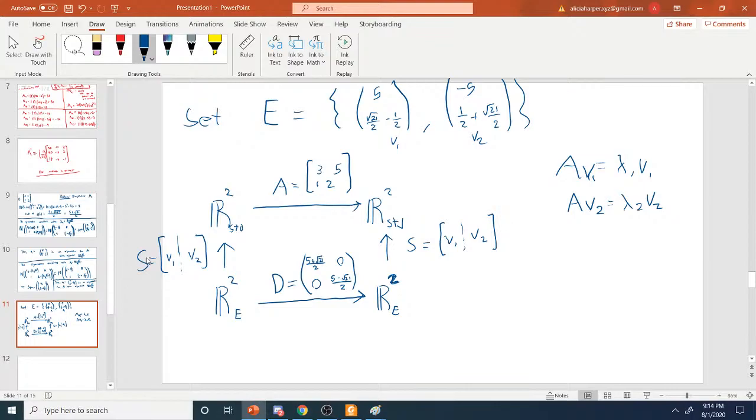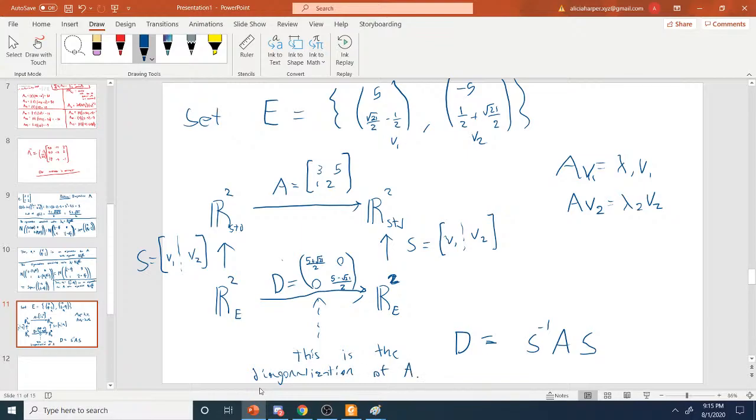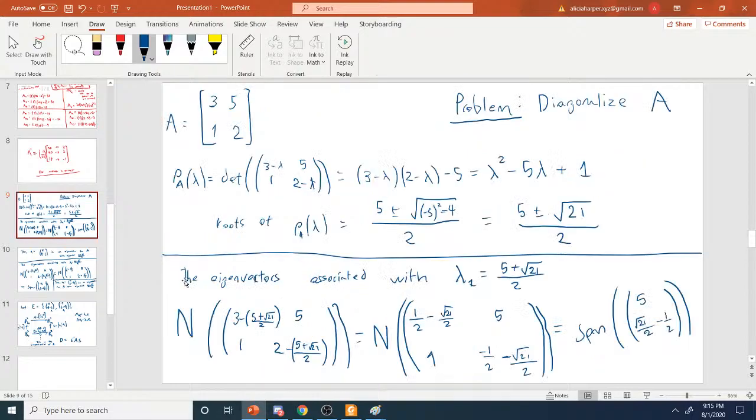So this shows that D is equal to S inverse times A times S. And so this right here is the diagonalization of A. So that completes the diagonalization problem.